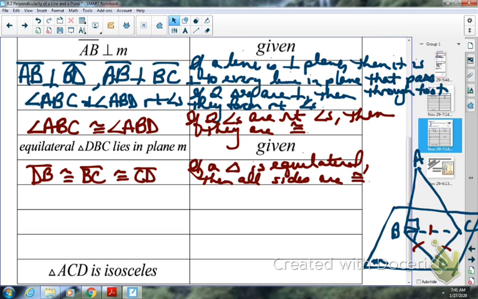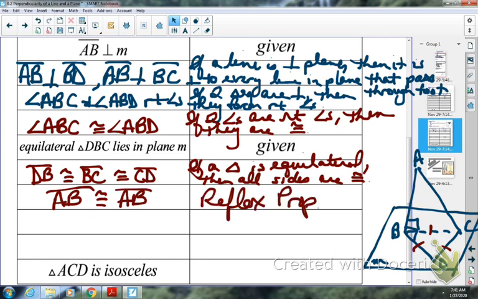Okay, so right now then that gives me two pairs of congruent parts. Notice triangle ABC and triangle ABD butt up against each other. So we can state that AB is congruent to AB by reflexive. And that's your three pairs of congruent parts. So we can now state that triangle ABC is congruent to triangle ABD by side angle side.